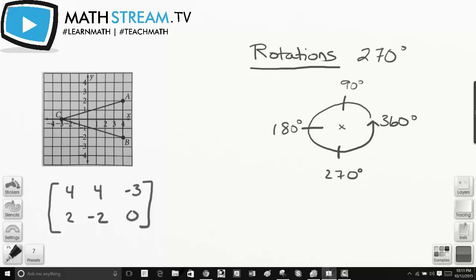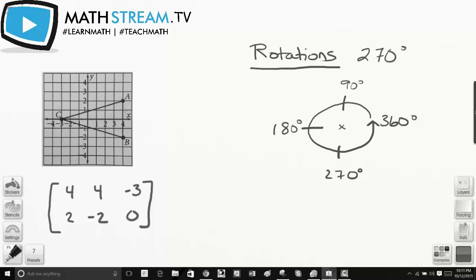So when we're talking about 270, that means that I want to take A and rotate it all the way down like a 3/4 turn. Is that about right? Kind of, sort of. And the same thing, we want to take B and do the same thing, and C and do the same thing.